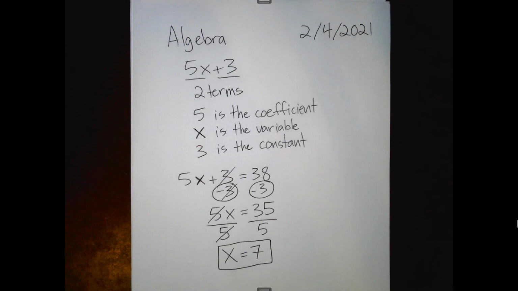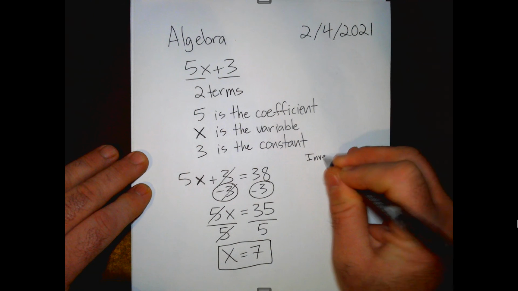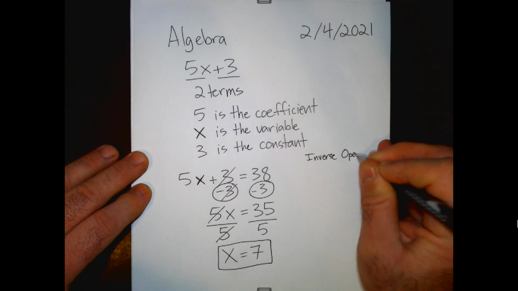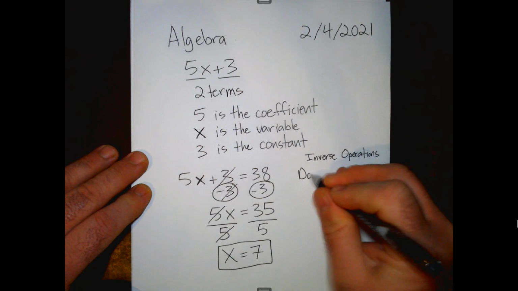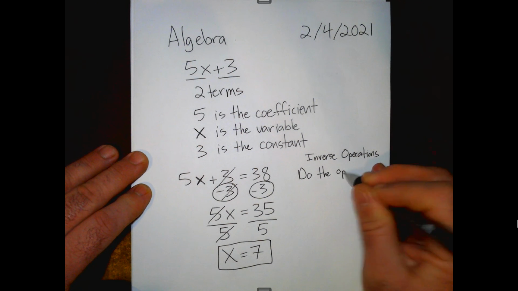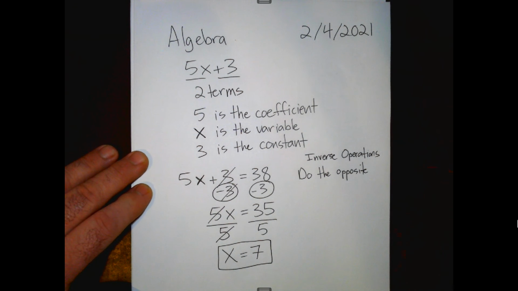All right, you want to use inverse operations. And inverse operations just means do the opposite. Do the opposite of whatever the relationship is that the variable has with the other numbers. All right, but there is an order.